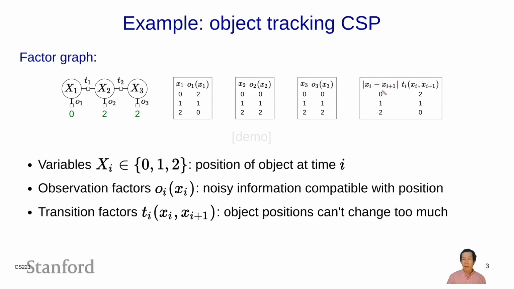And if the object hasn't moved, which means that the difference is 0, I'm going to assign a weight of 2. If it's moved by 1, then I'm going to assign a weight of 1. And if it's moved by 2, I'm going to assign a weight of 0, which is disallowing it. Okay, so this concludes the definition of the constraint satisfaction problem for this simple object tracking example.